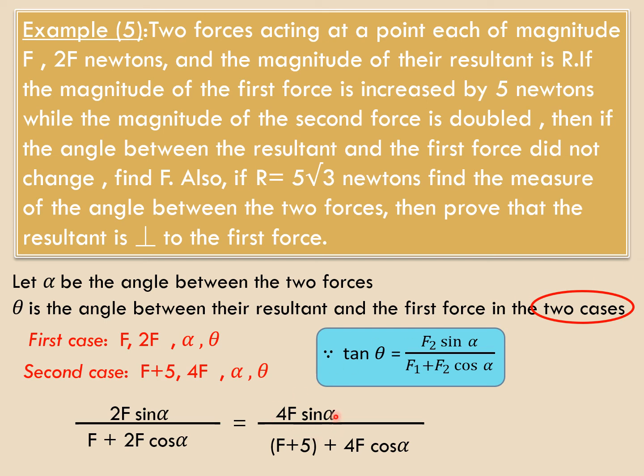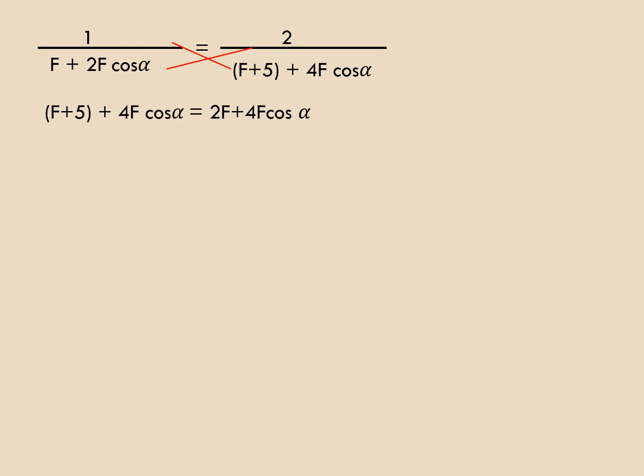I will cancel sine alpha and F from both sides and divide by 2. So here it will be 1 and here 2. So 1 over F plus 2F cosine alpha equals 2 over F plus 5 plus 4F cosine alpha. By cross multiplication, you will find F plus 5 plus 4F cosine alpha equals 2F plus 4F cosine alpha.